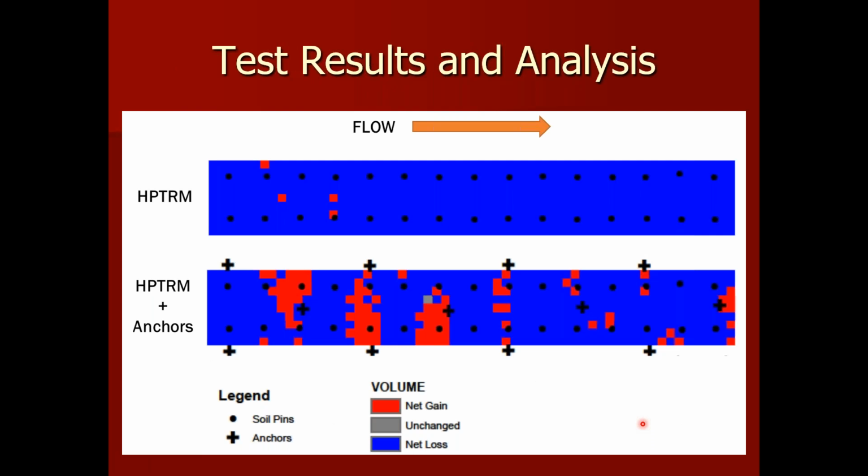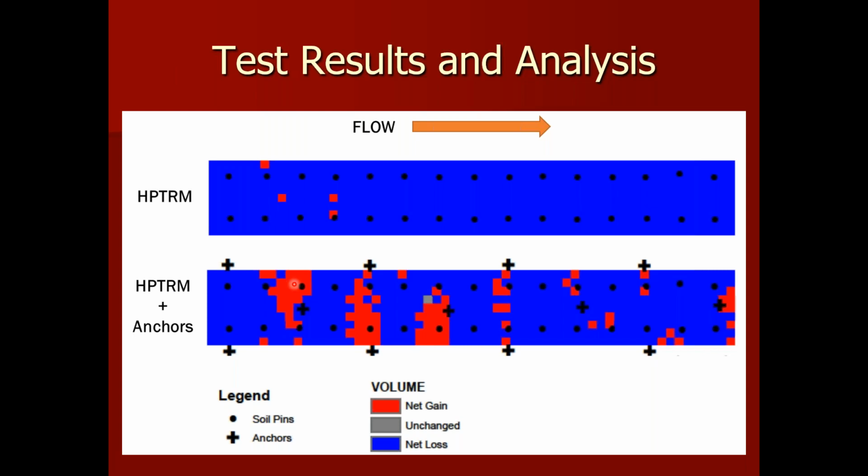So once we took the LiDAR, we were able to look at gains. The red area is where material was deposited, typically behind pins and behind anchors. You can see one of the real benefits hydraulically to the anchors is it stops the bed forms from trying to move through a channel. So it pushes the shear stress up on top of the mat instead of letting the shear stress that's underneath the mat push material through.